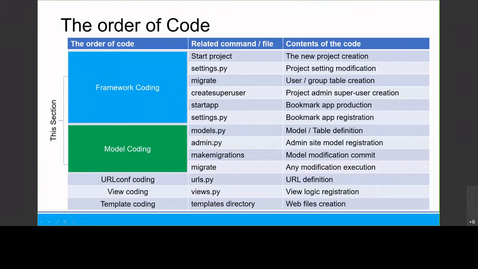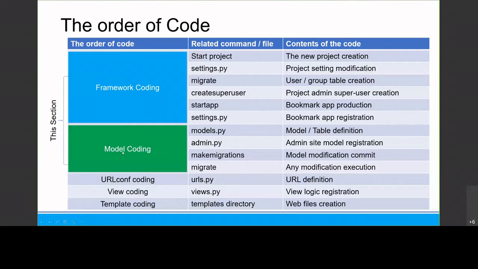The admin page will be open, and then you need to modify something in the database after you commit, and then you finally do the migrate. So those 4 steps are the model coding, and this PowerPoint will go until the model coding.